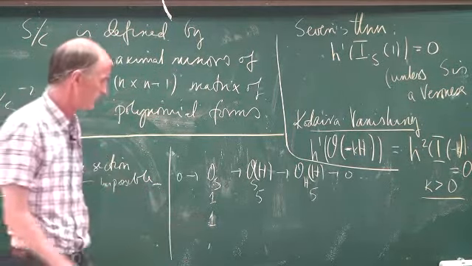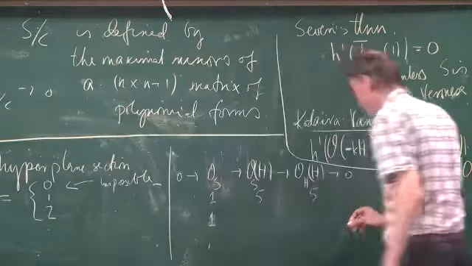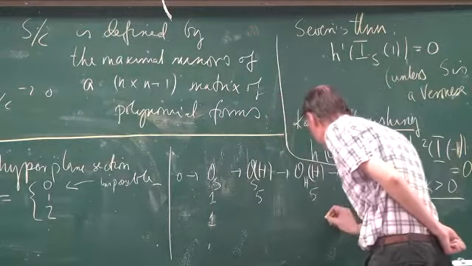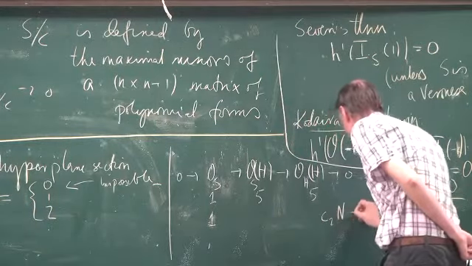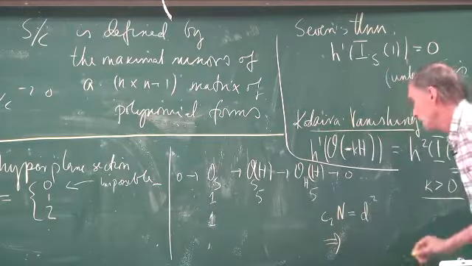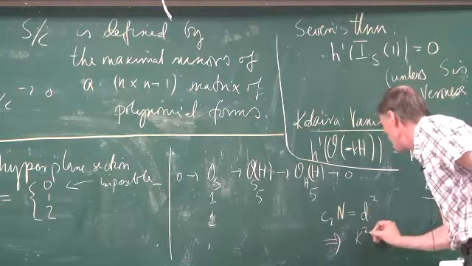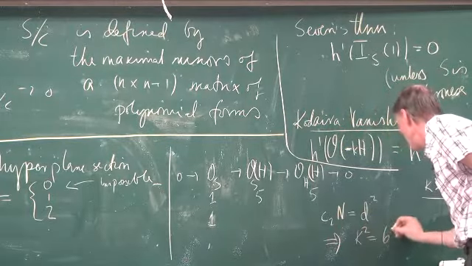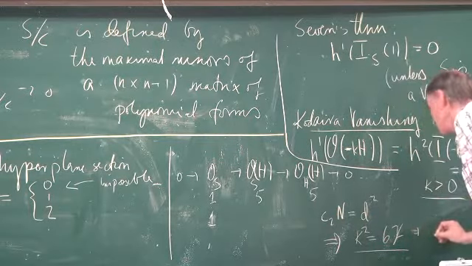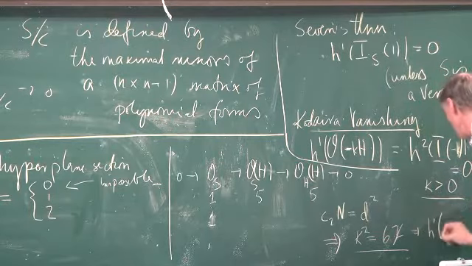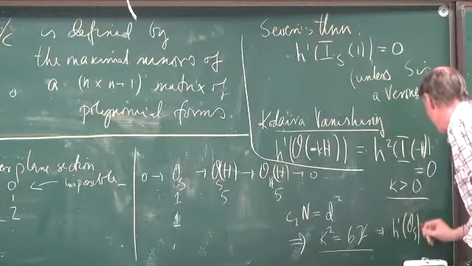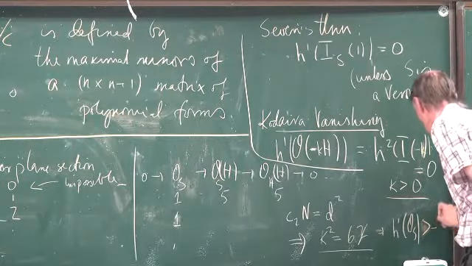The double point formula in this case implies that K squared is equal to 6 chi, and this means that H1 of O of S is bigger than -1.